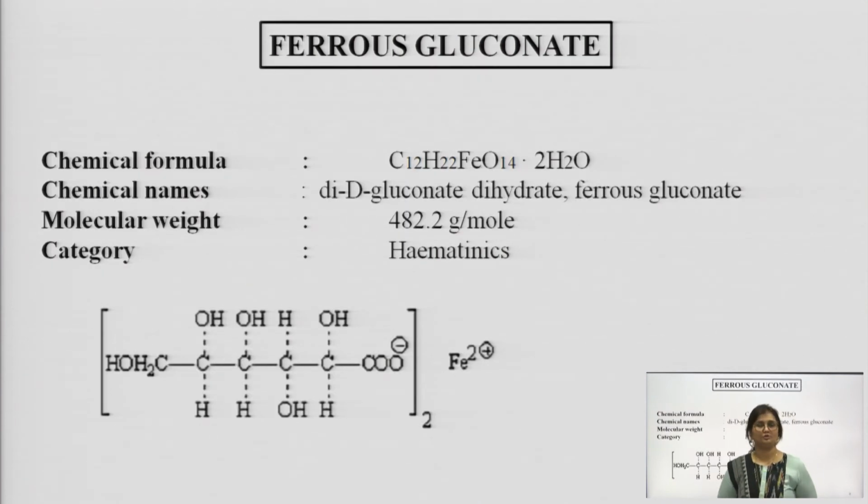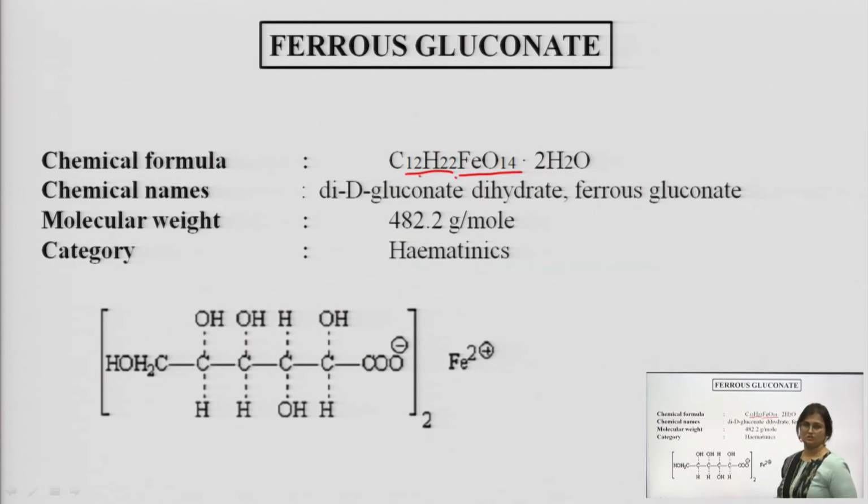Now we will move on towards our hematinic in general, which is ferrous gluconate. Ferrous gluconate has a chemical formula of C12H22FeO14.2H2O.